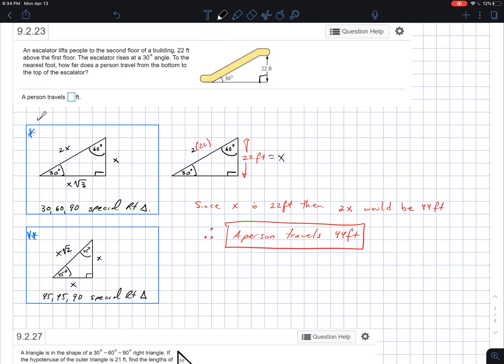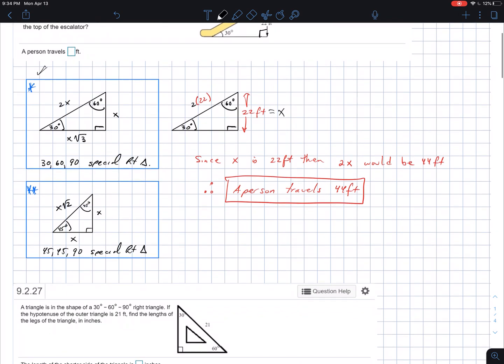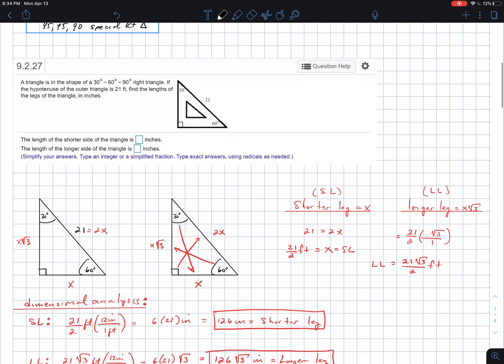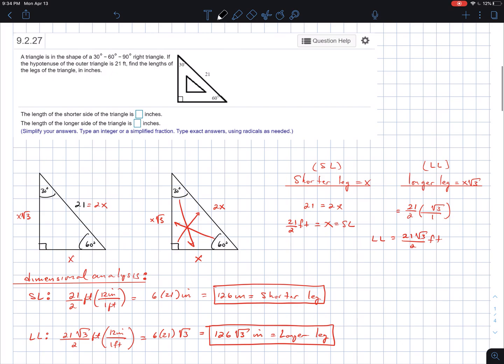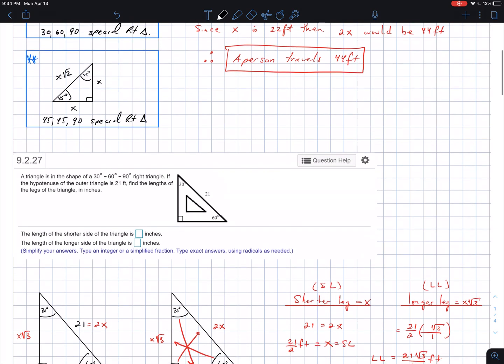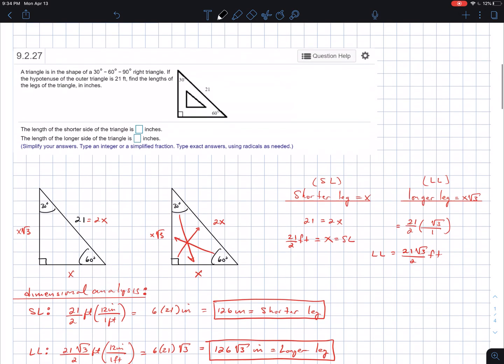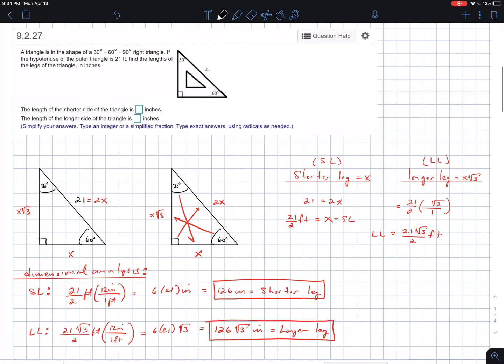So 2 times 22 is 44 feet. So the person travels 44 feet. All right, here's another 30-60-90. We're not really going to work on the 45-45-90 right now. You'll see why later, as we sort of already did.